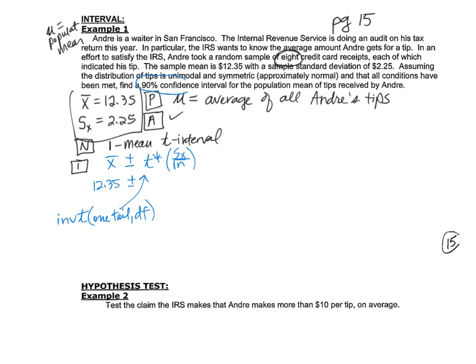If it's a 90% confidence interval, then 90% is in the middle, so don't you dare go inverse t of 0.9. Do inverse t of what? 0.05, because 5% is what's in the tail. So I'm going to get this by going inverse t of 0.05. What was the degrees of freedom if there are 8 pieces of data? 7 degrees of freedom. And then this standard deviation would be that 225 divided by the square root of 8.